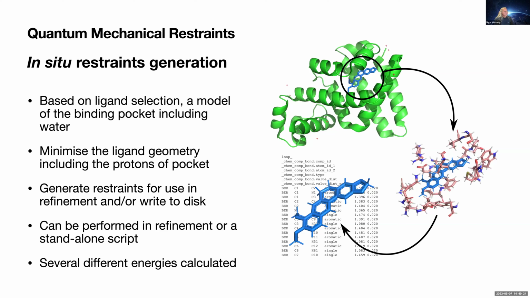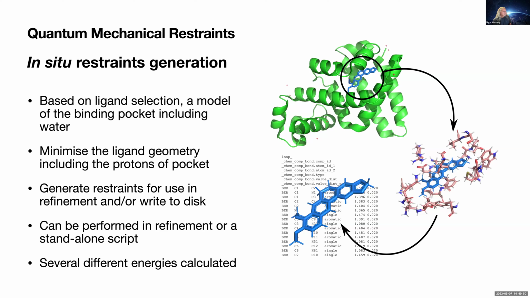The code that I wrote calculates, just based on a selection, it creates a ligand with the surrounding protein into a smaller model, for want of a better word, so that you can then calculate the restraints of the ligand just using the smaller model with MOPAC.